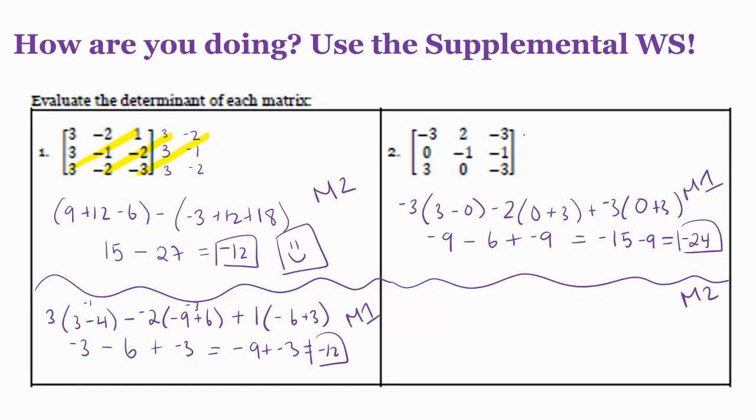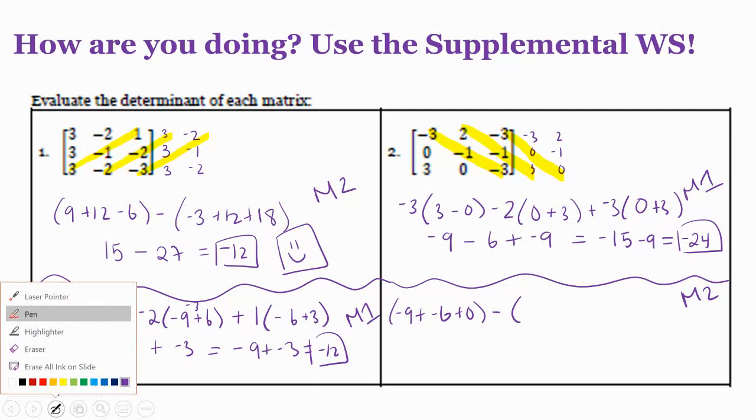So if I do method 2, I'll go ahead and rewrite those first two columns neatly. 2, negative 1, 0, grab my highlighter, and I'll multiply on these main diagonal. So what does that do? Negative 9 plus negative 6 plus 0 minus, and then multiply on the other diagonal.